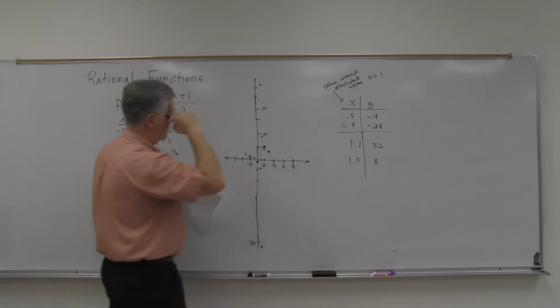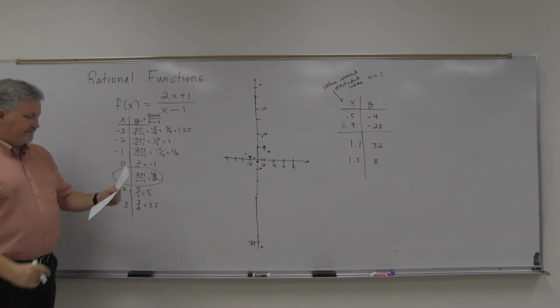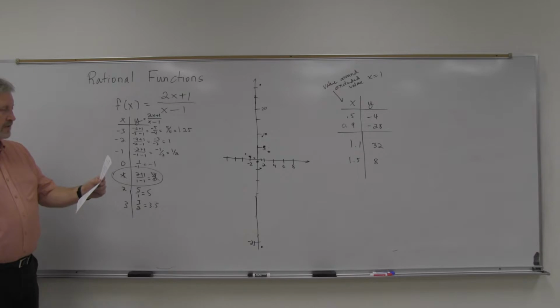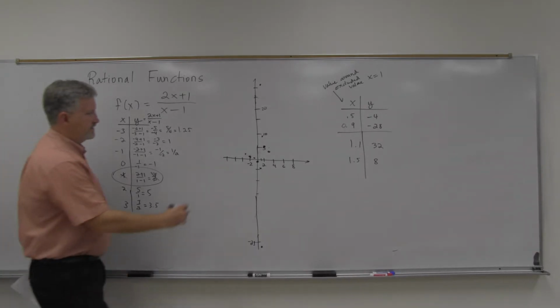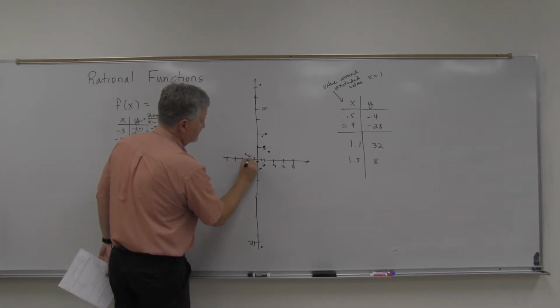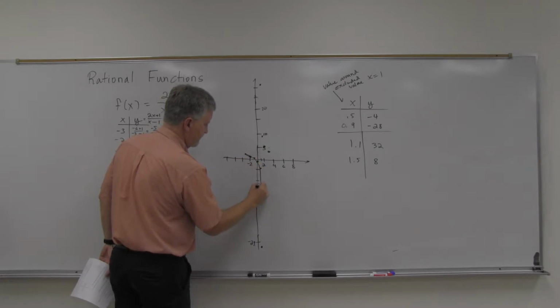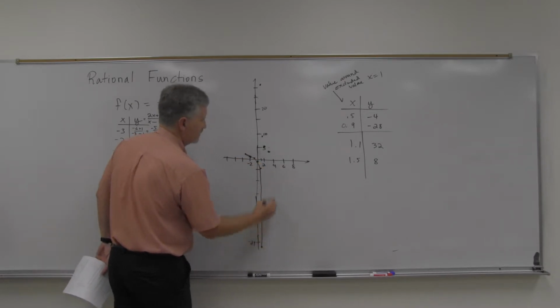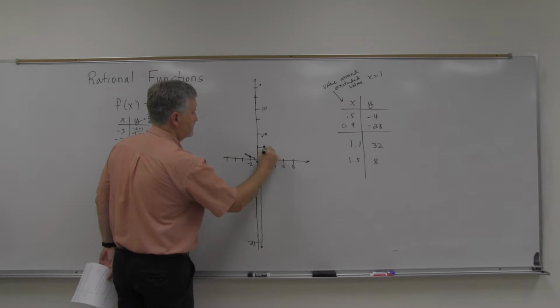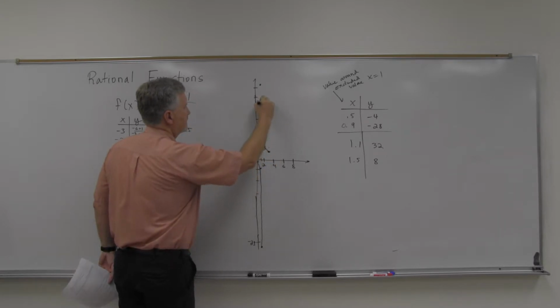Probably looks a little better than mine, but all right. Well, let's just connect these dots. So I've got, this is kind of going here to here and then down here. And then these points follow the dots up to there.